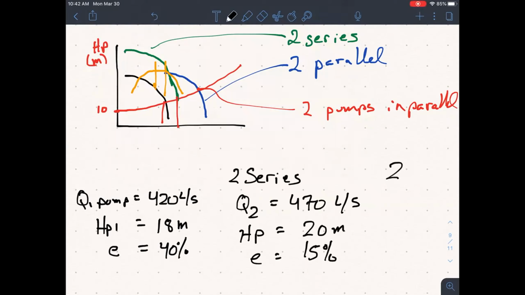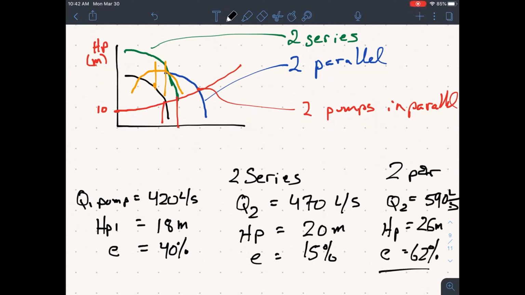And then 2 in parallel. We get 590 liters per second. Our head is 26, and then our efficiency is 62%.